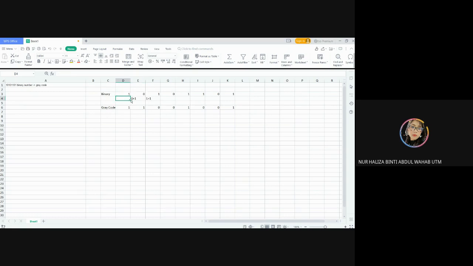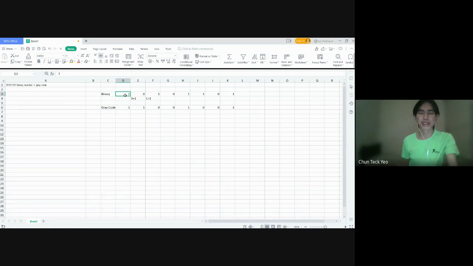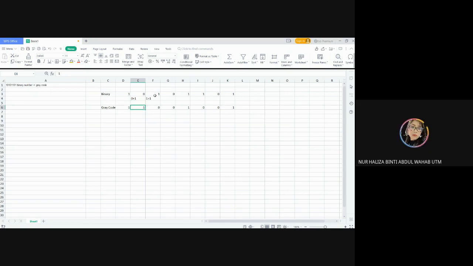Okay, let's see. So this one 0 plus 1 equal to 1, right? Yes. Then this part is supposedly 0 plus 1, because the beside binary is 0, 0 plus 1 and then 1 plus 0.